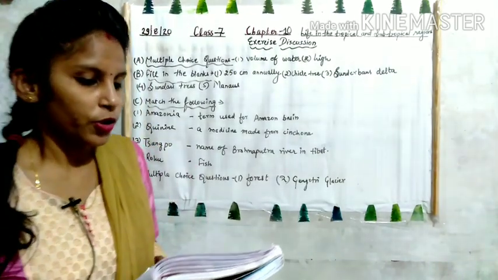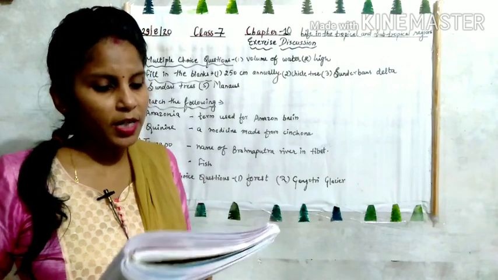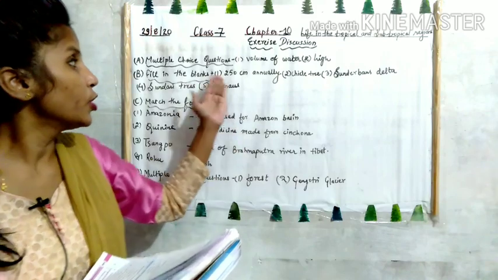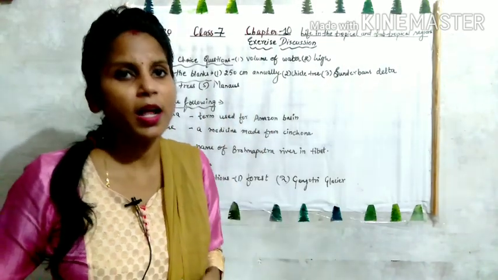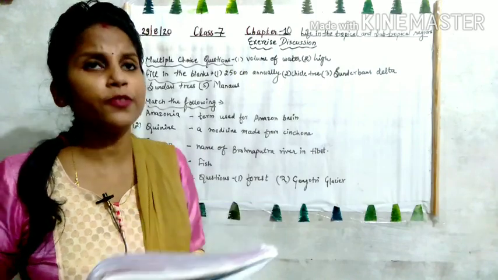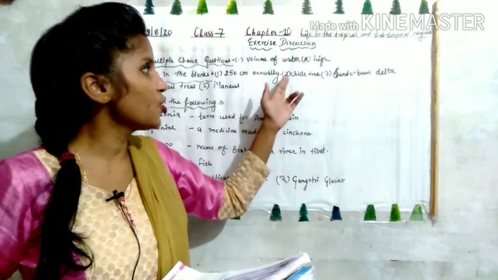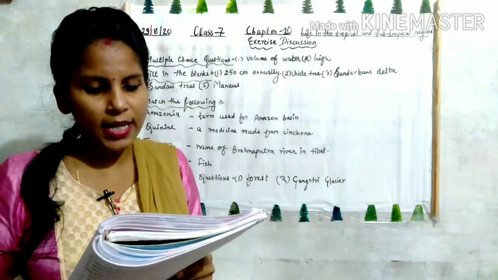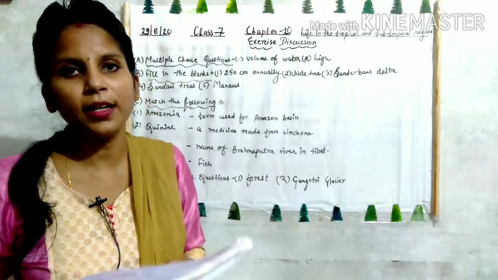Now coming to fill in the blanks, that is question number B. First one, Amazon receives heavy rainfall of about 250 centimeter annually. Then second one, chewing gums are made from the juice of the chicle tree. Then third, dash is the longest and fastest growing delta in the world.